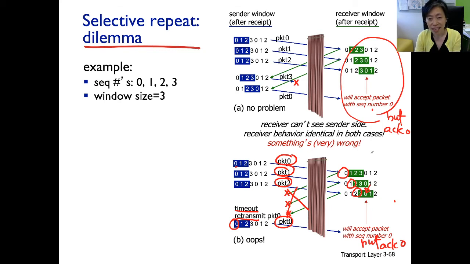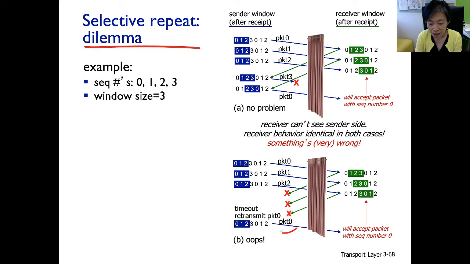But the thing is this, at the sender side, you see, this packet 0 is a retransmission of the first packet 0. But this packet 0 here is actually the second packet 0, no longer the original, the first packet 0. All right. So if packet 3 here arrived at the receiver, this receiver is going to what? Clear that gap and pass 0 up to the application layer.